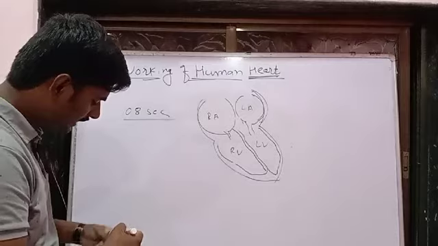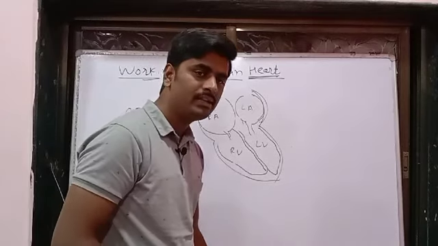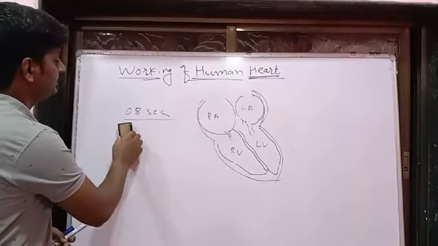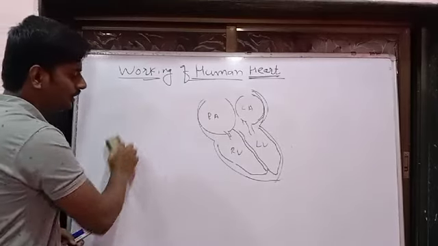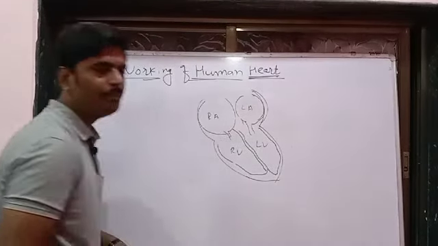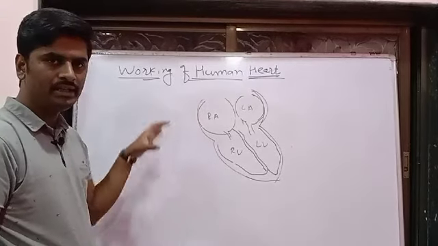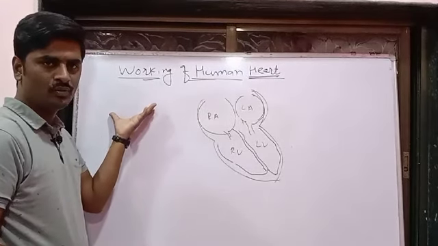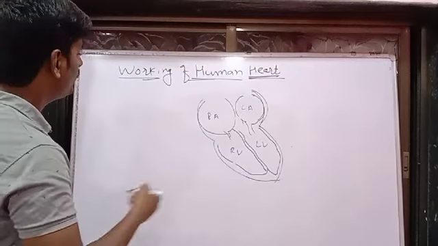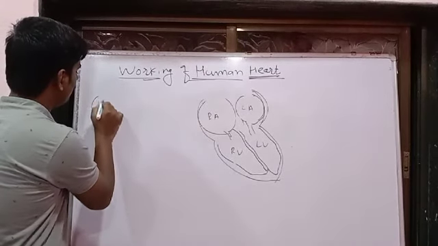Let me draw the exact calculation of how it takes 0.8 second. Here 3 important phenomena are happening, and it is very interesting that we have to look at them one by one. The first one is atrial systole.